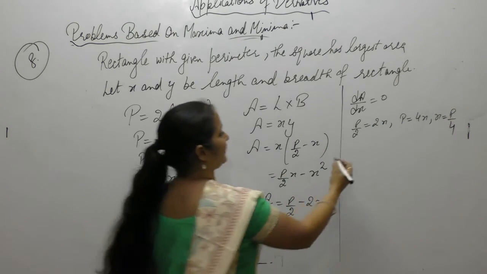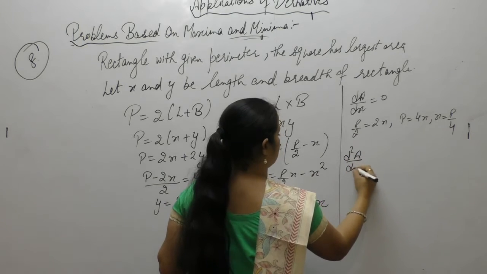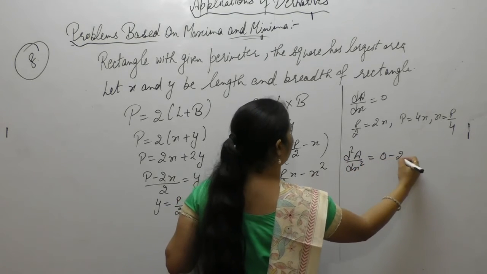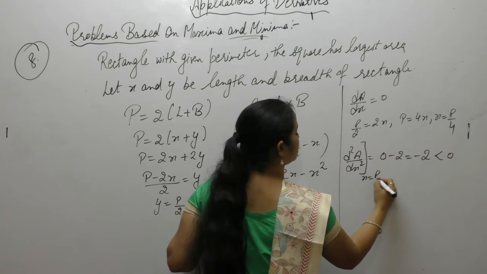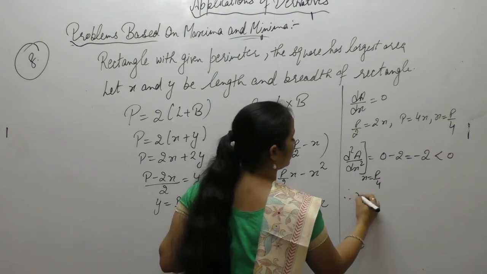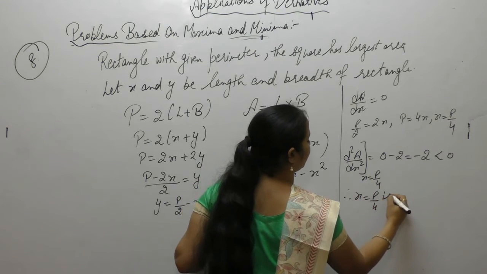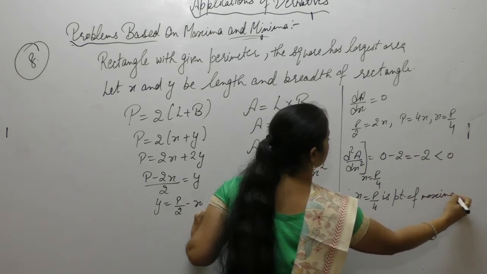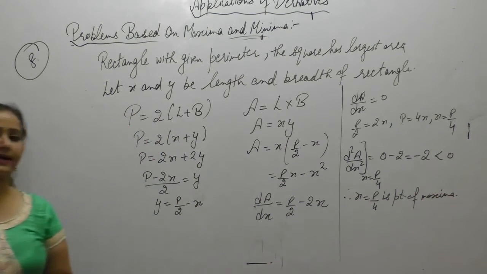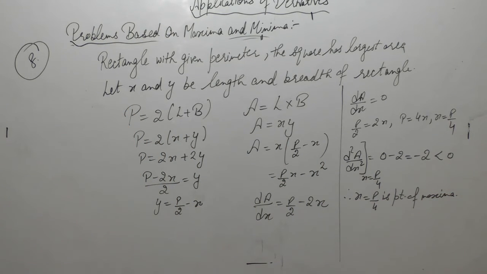Now second derivative: minus 2, that is less than 0. Therefore, x equals P by 4 is the point of maxima, and we have to show that the square has the largest area.